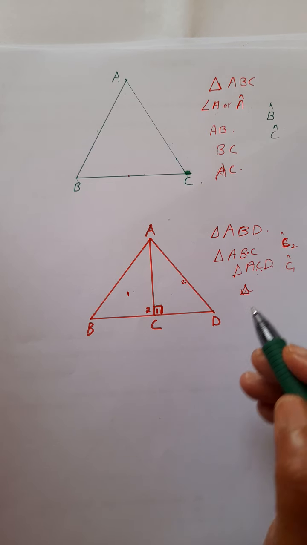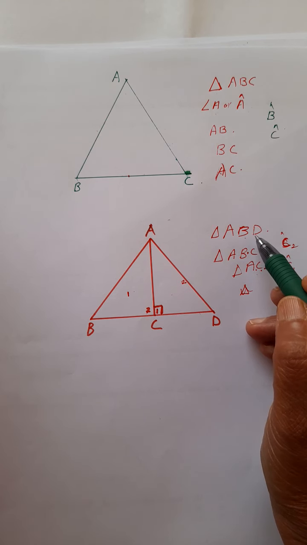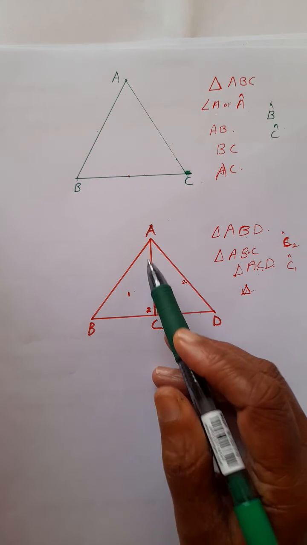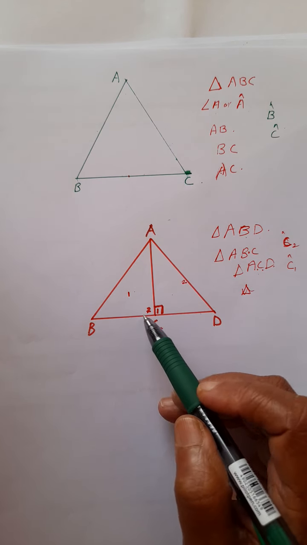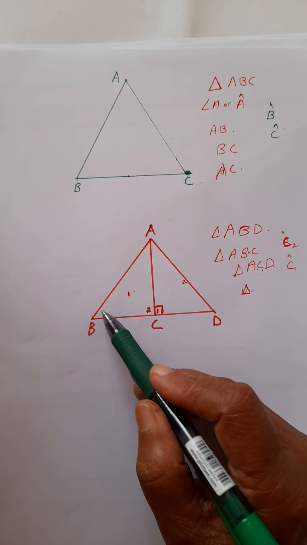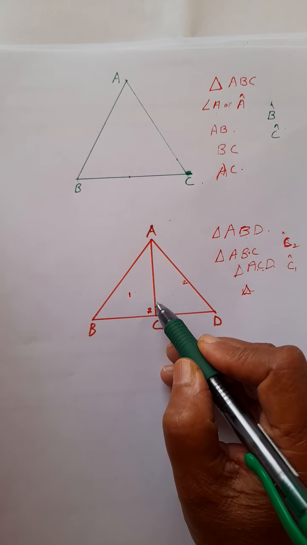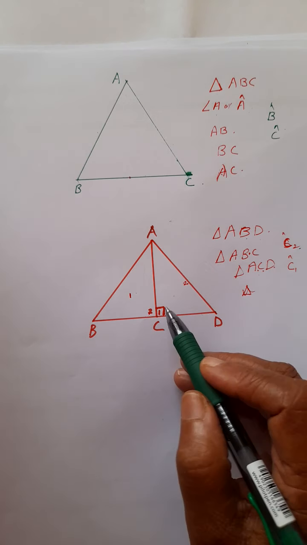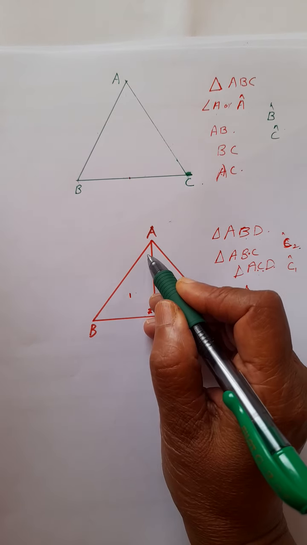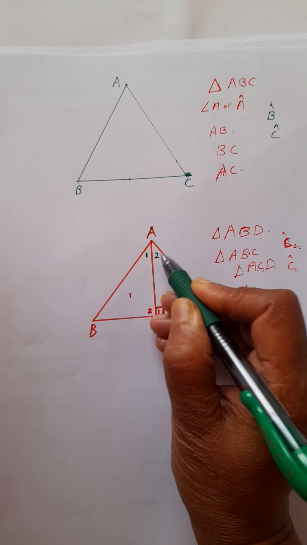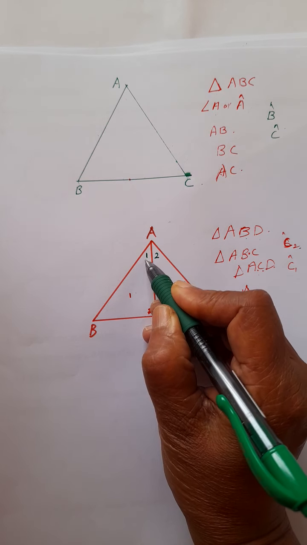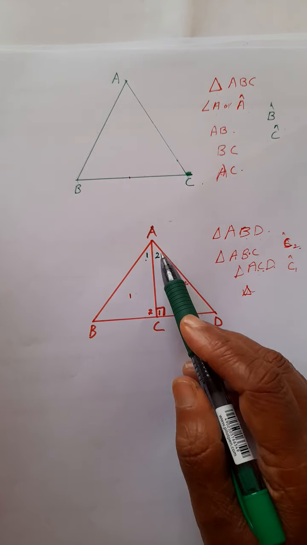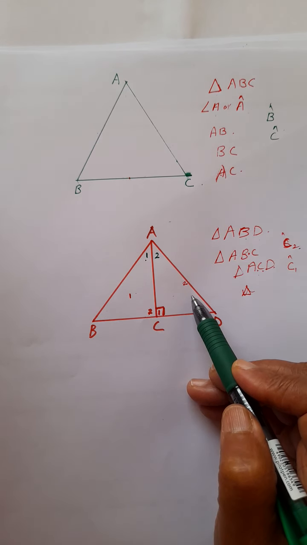The angles in triangle ABD are angle A, B and D. In triangle ABC, this is angle B, and this is angle C. Let's say this is 1 and 2. So we name this one angle A1, and the A2 belongs to this triangle.